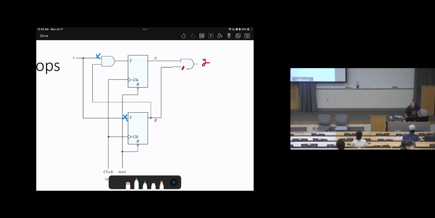Here is A. This is A, and this is B. Is there any feedback? Yes, we have a feedback from B. Look at B, the feedback from B, it will go here, right?